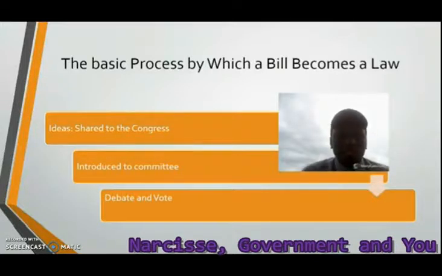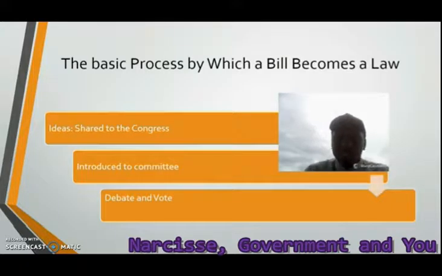Let's talk about the basic process by which a bill becomes a law. First of all, there are people or organizations or individuals called sponsors. They are the ones who own the idea. That idea is submitted or shared to the Congress. Then the Congress evaluates the idea.